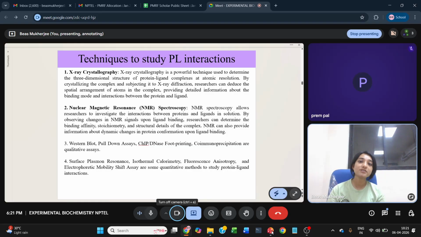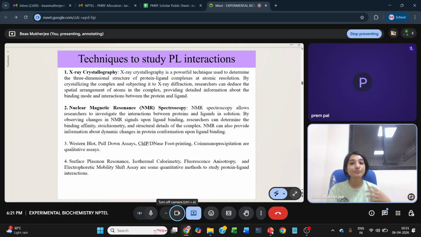X-ray crystallography is a powerful qualitative technique to determine the three-dimensional structure of protein-ligand complexes at atomic resolution. By crystallizing the complex and subjecting it to X-ray diffraction, researchers can deduce the spatial arrangement of the atoms in the complex, providing greater detailed information about the binding mode and interaction between the protein and the ligand.